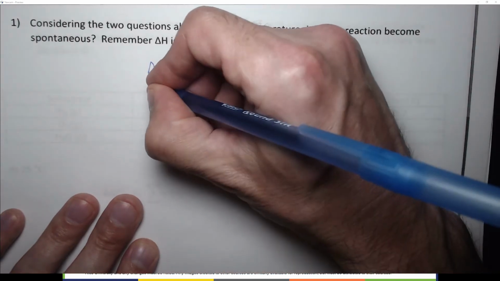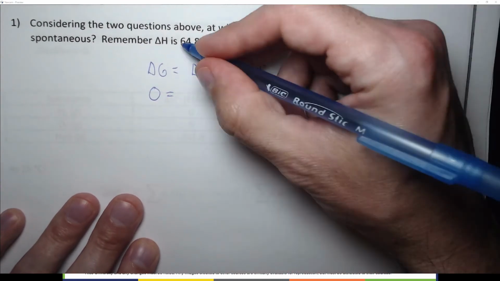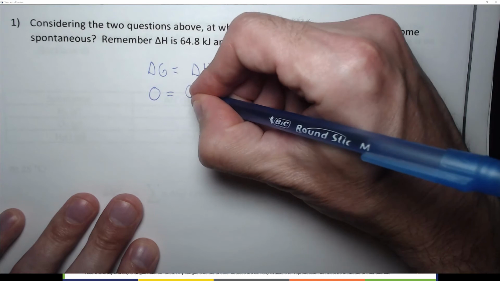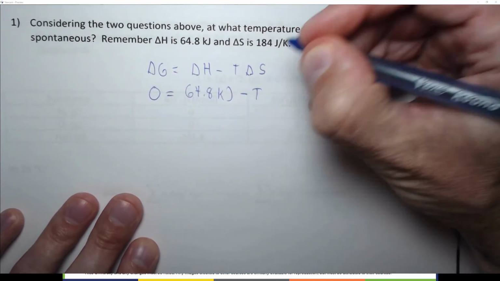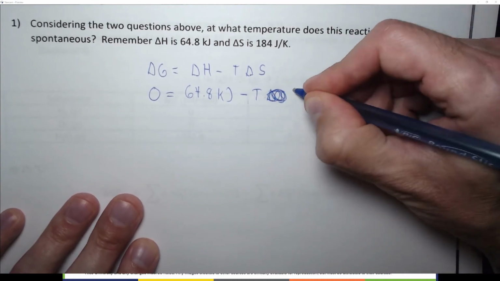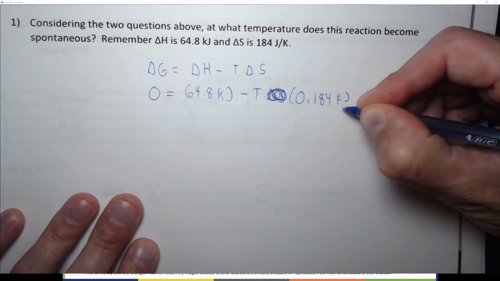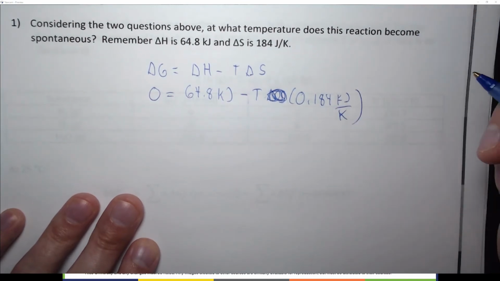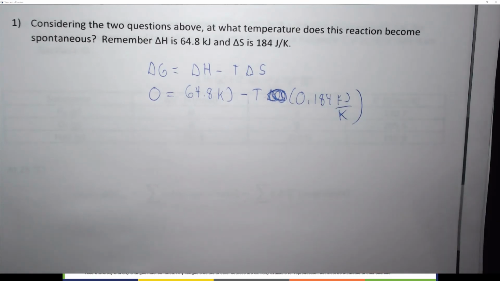So we put delta G as 0 equals delta H, which is 64.8 kilojoules, minus T, that's our variable, delta S, which is 0.184 kilojoules per K. All right. So in order to solve this problem, the first thing we need to do is move that delta H to the other side.